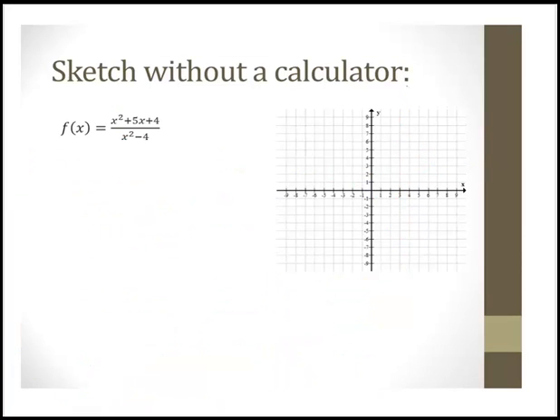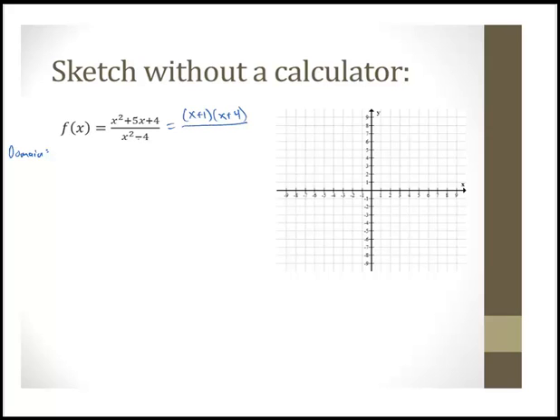Alright, here's another example. Sketch without a calculator. F of x is x squared plus 5x plus 4 over x squared minus 4. Alright, let's first determine the domain of the function. Well, I think I can factor this. So x squared plus 5x plus 4 factors as x plus 1 by x plus 4.